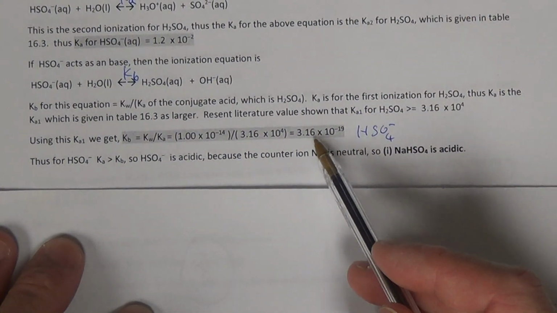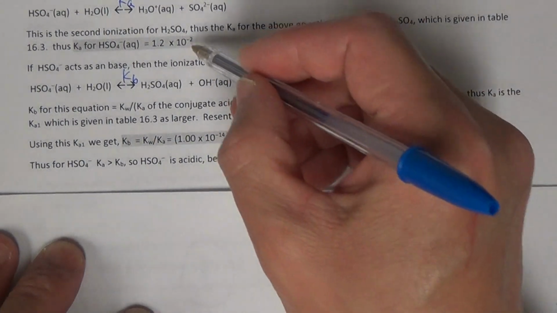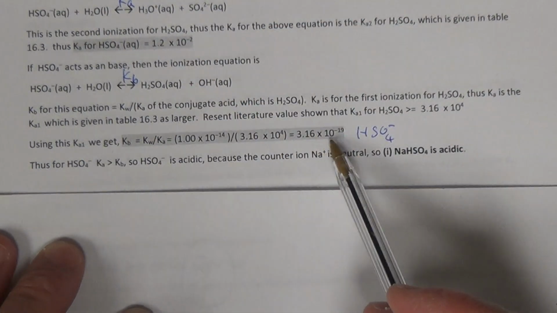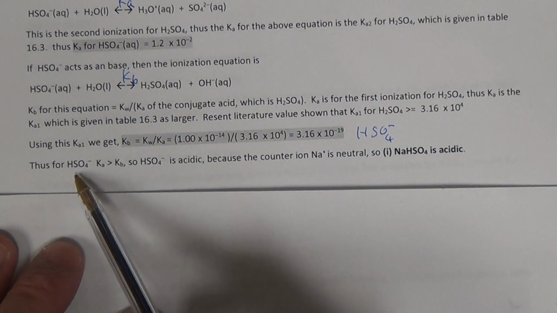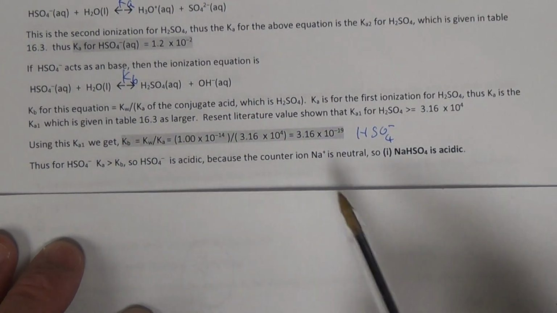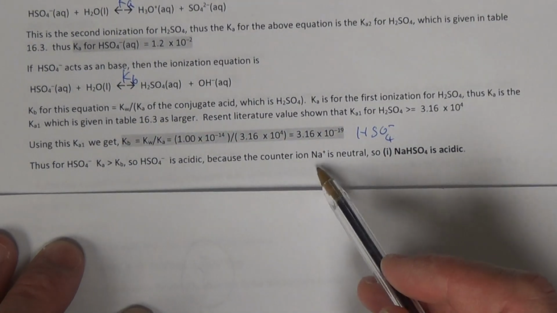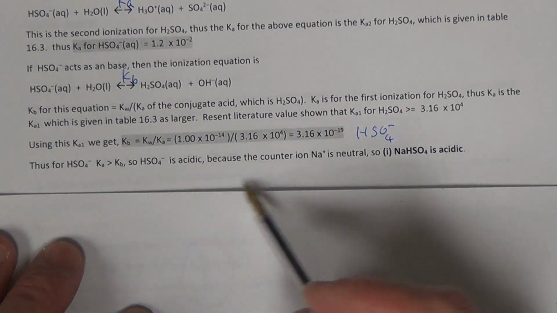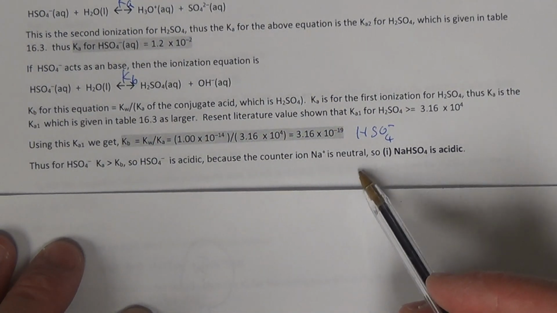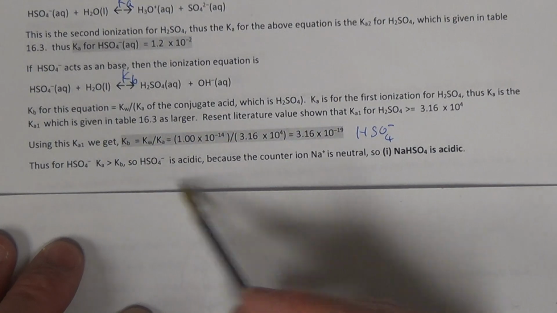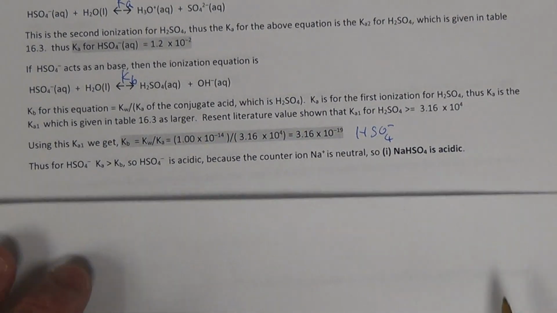Then we compare this Kb and this Ka, and obviously Ka is much larger than Kb, so this ion will be acidic. Considering both ions together, in this first solution Na is neutral, and this ion is acidic, so altogether the solution is acidic.